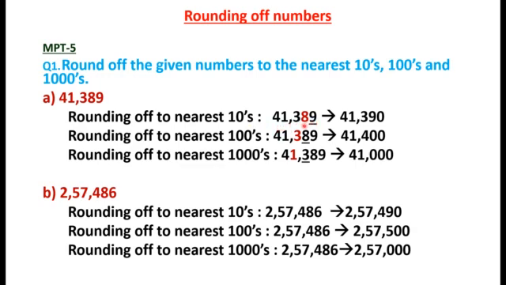So 8 is the digit at the tens place, and the right hand side digit 9 we have underlined. So 9 is greater than 5. That means we will add 1 to 8. So 1 plus 8 is 9, and we will replace 9 by 0. So 0 we have written, and the rest of the number will be the same.